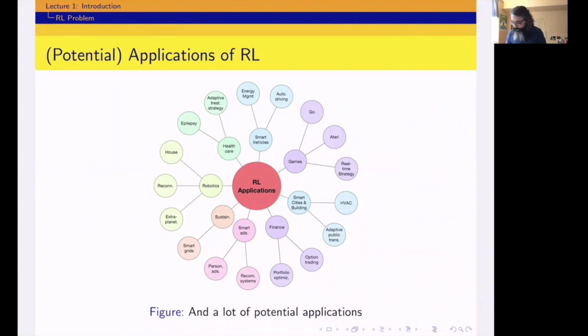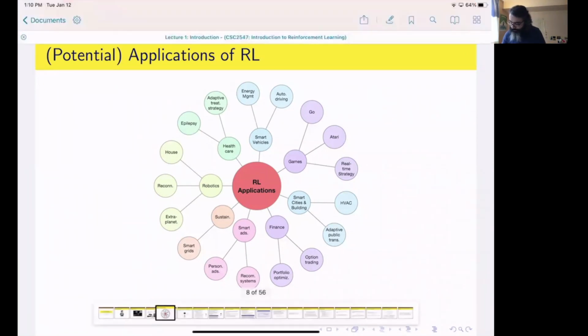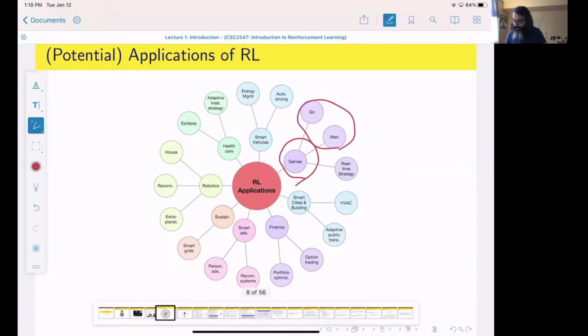So for example, I talked about the games, Atari and Go. But say, for example, air conditioning systems: how to make an air conditioning system that makes people more comfortable in their buildings. Or for example, in healthcare, how we can use a reinforcement learning agent to help us prescribe or give better treatments to a patient, especially a patient who has a chronic disease.